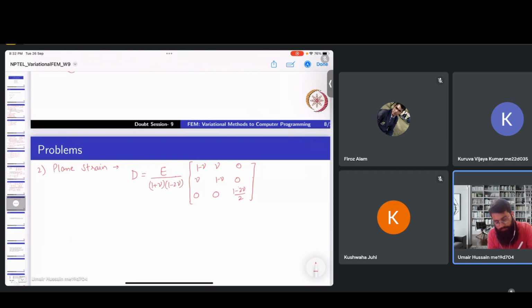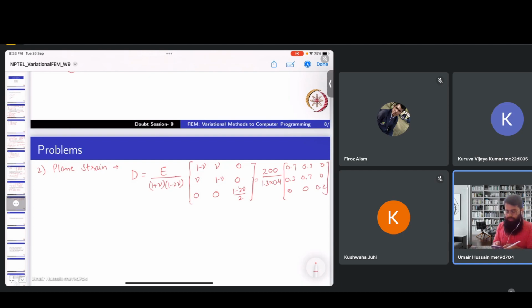Okay, so we have 200 upon 1 plus nu, which is 1.3, and 1 minus 2 nu, which is 1 minus 2 times 0.3, is 0.4. Here we have 1 minus 0.3 is 0.7, 0.3, 0, 0.3, 0.7, 0, 0, 0, and 1 minus 2 nu is 0.4, divided by 2 is 0.2.